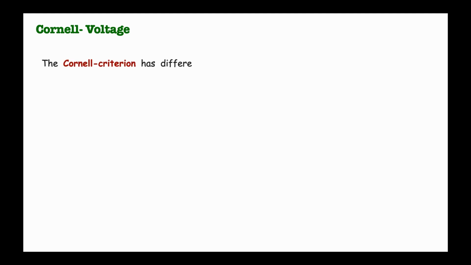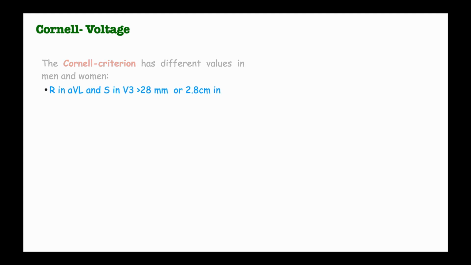With the Cornell voltage criteria, there are different values for men and women. We use the R wave in aVL plus the S wave in V3, and in men it must be more than 28 millimeters, or 2.8 centimeters, and in women more than 20 millimeters, or 2.0 centimeters.